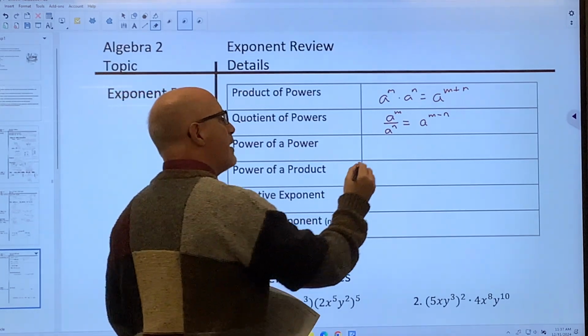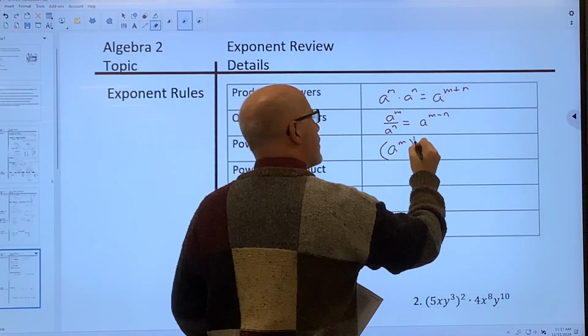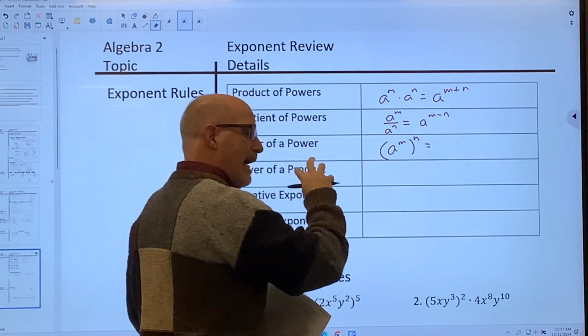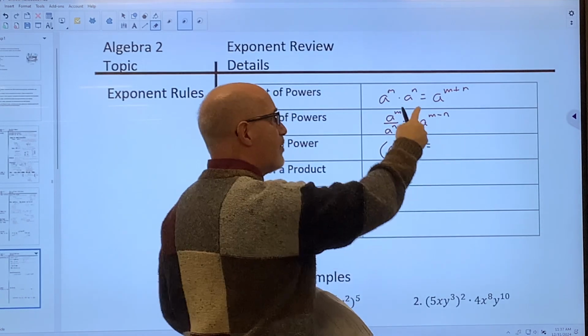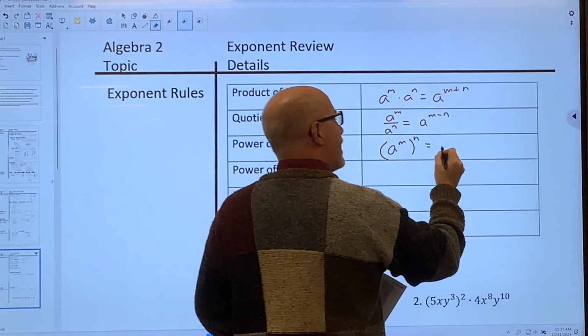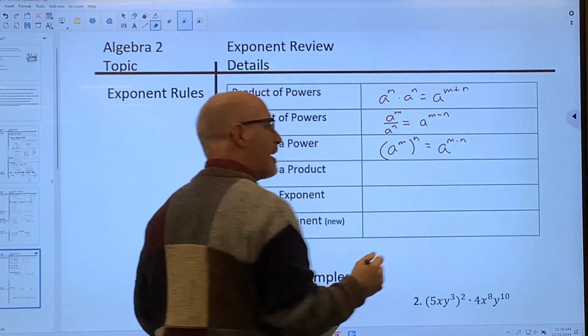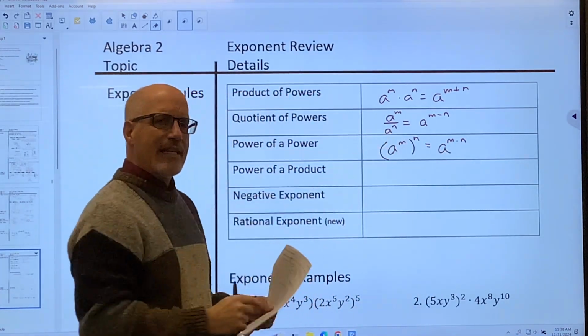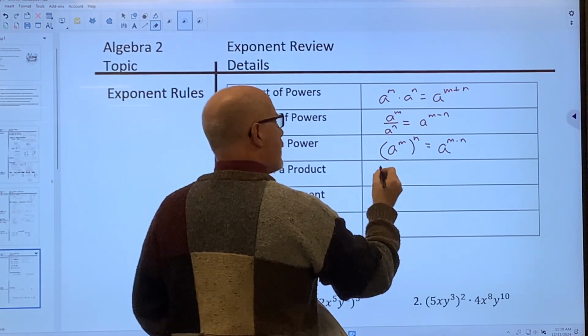Power of a power is when you have a to the m, to the n power, so you're going to have a to the m written out n times. You're adding those m's together with the first rule. That also is simpler by just multiplying the m times the n. So bring the n in, multiply it by the m. Now, power of a product.